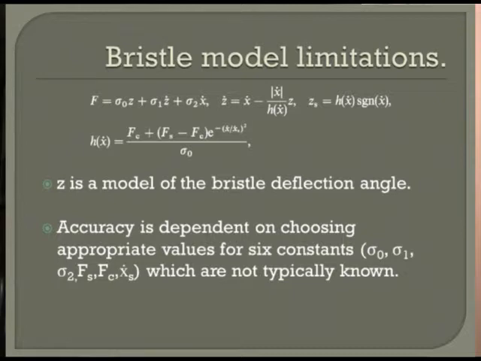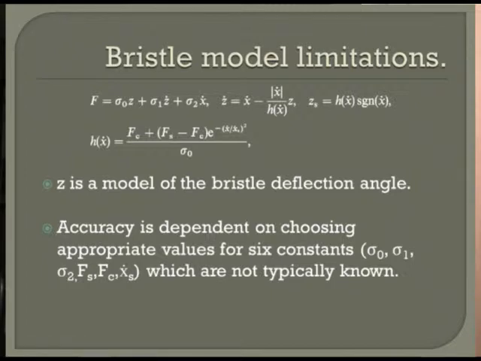So you'll see here now the bristle model. You have a variable z, which is a model of the bristle deflection angle. It's modeled as a function of velocity, and then you also have the function h, which is meant to capture the velocity dependent portion of the friction.